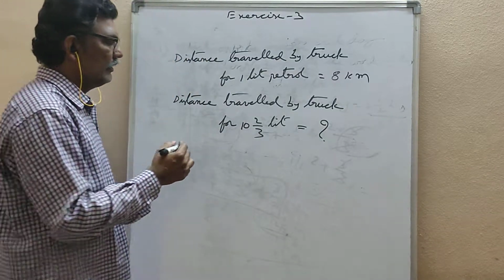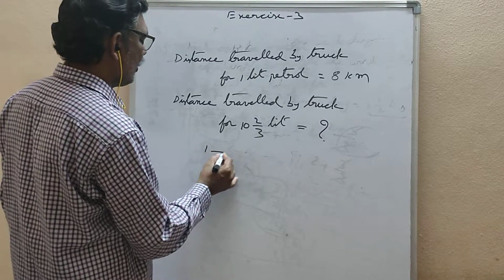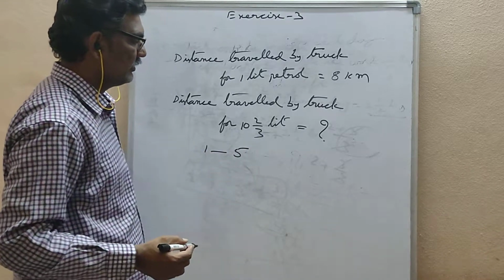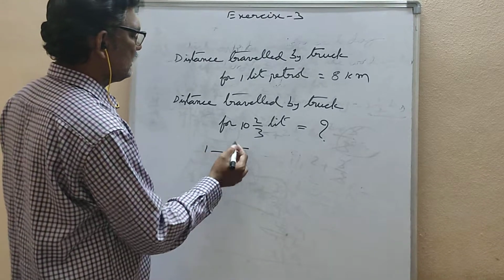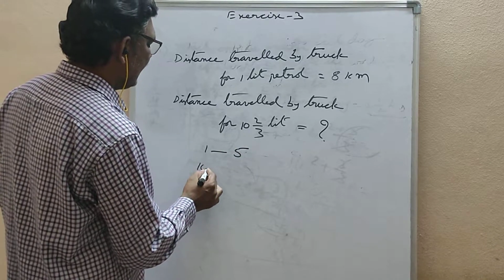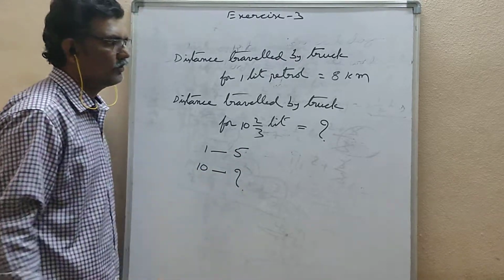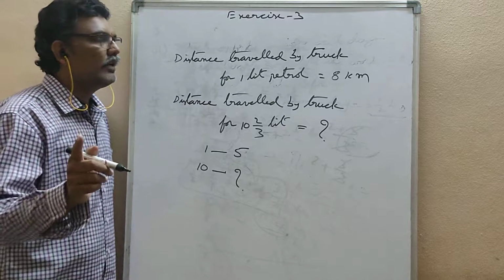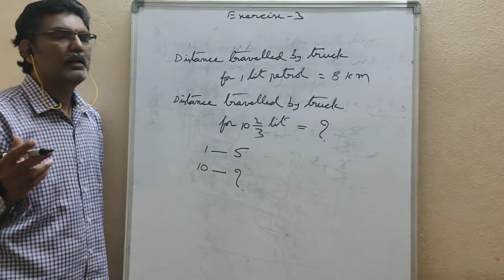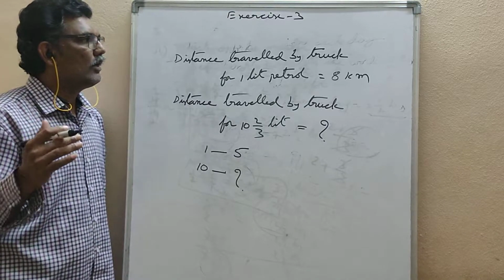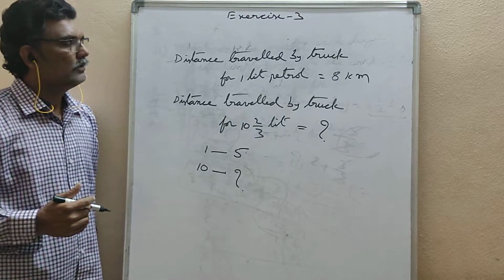So it's very easy. It is also like one chocolate costs 5 rupees. 10 chocolates cost how much? 1 liter of petrol can make a truck travel 8 kilometers.